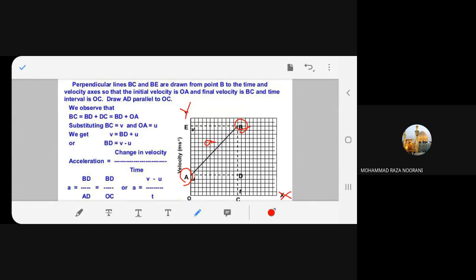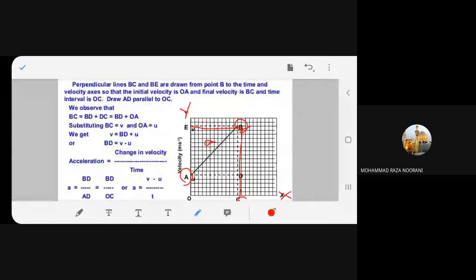When the body has reached B, I will draw a perpendicular line to the x-axis. That becomes BC. This is C. And BE to the y-axis. You understand now?